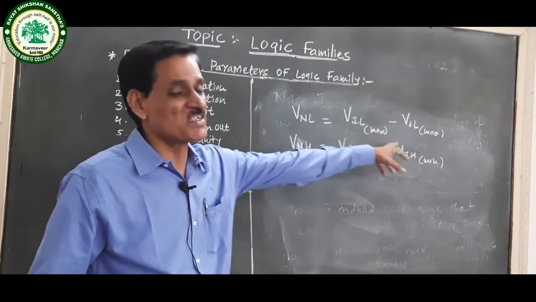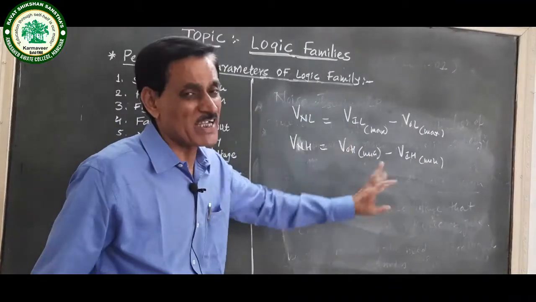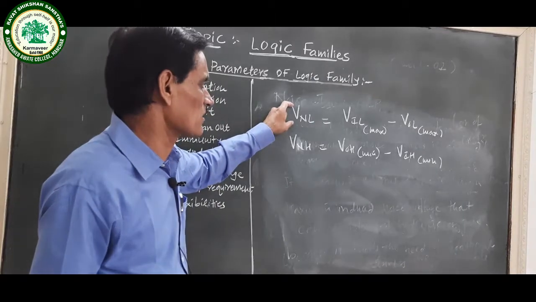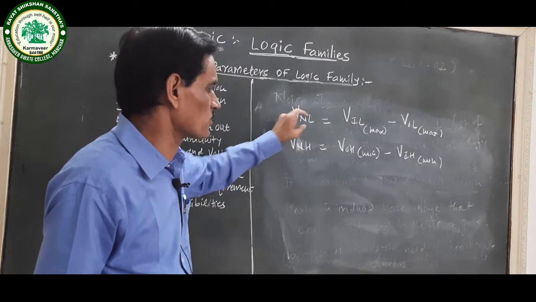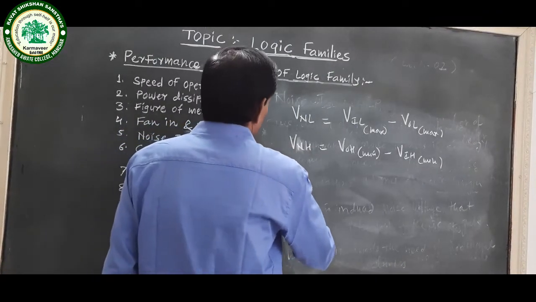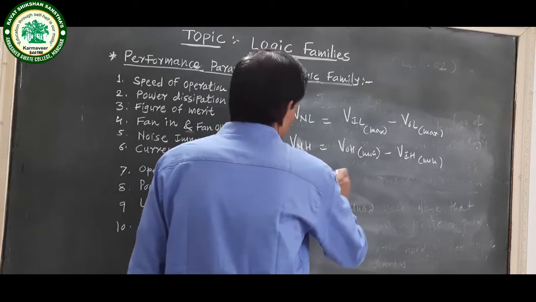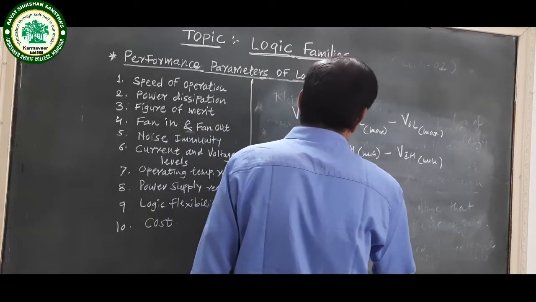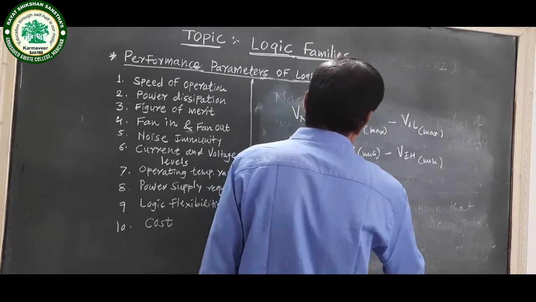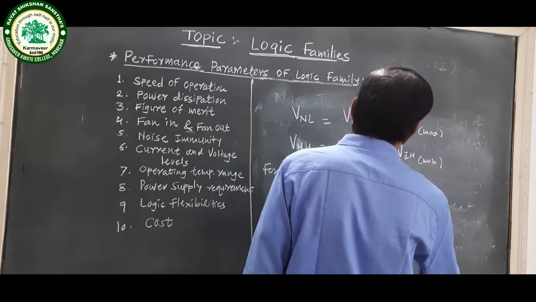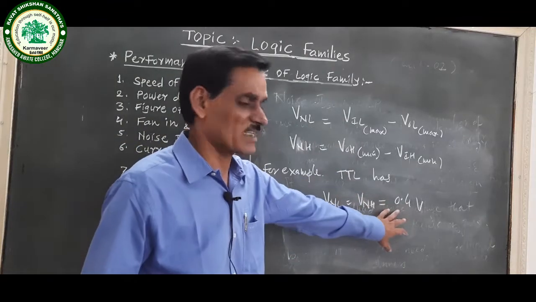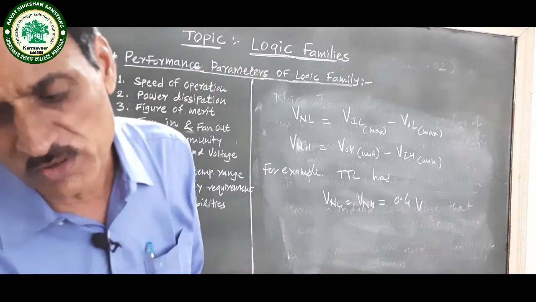Now these are the different logic levels provided by the manufacturer. If you take the difference between these voltages, you get low noise immunity and high noise immunity. For example, the TTL family has VNL equal to VNH, equal to 0.4 volt.